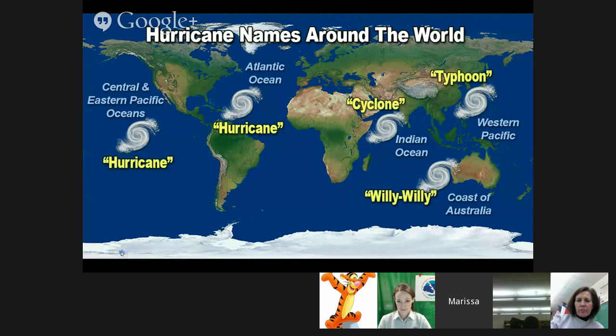We call them hurricanes. But for people out in the Indian Ocean, they tend to refer to these storms as cyclones. And honestly, that's exactly what it is. Remember in The Wizard of Oz, Dorothy's house was picked up by a cyclone. That was a tornado in that case. But really, it's just an area of low pressure. And that's exactly what they refer to these hurricanes as, cyclones in the Indian Ocean.